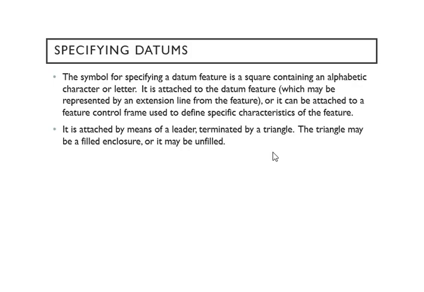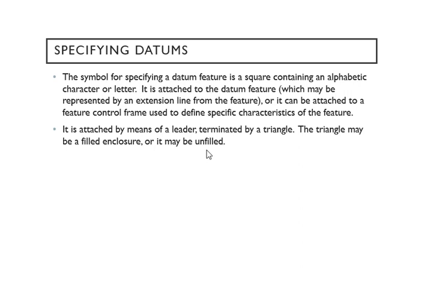Then we go to the symbol. The symbol, as you have already seen, has the letter A, B, and then a square box. You're going to use an alphabetic letter or character and attach it to your datum feature, with a little triangle base that looks like a little restaurant waiter stand. Then you stick it to your feature, where you want to specify the datum plane.